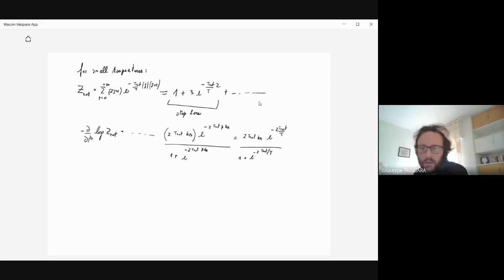And then you see that here for small temperature, again, we have an exponential suppression for small temperatures.